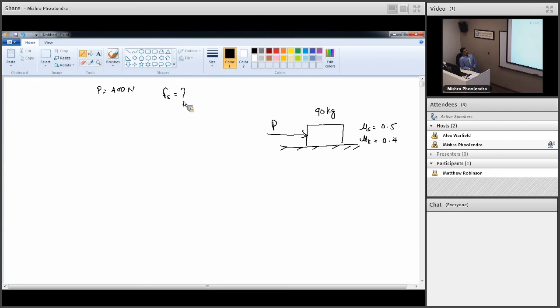So what we have to do if P equals 400 Newton? What is the friction force? First of all, what would be the friction force? It will depend upon the normal force, right, as we know, and the normal force is going to be equal to mg, which is 90 times 9.81, right?